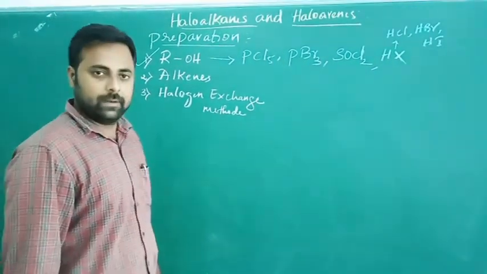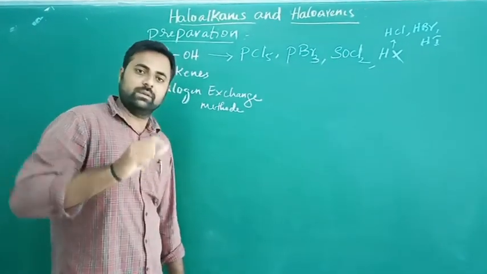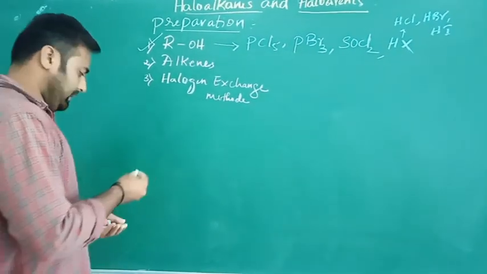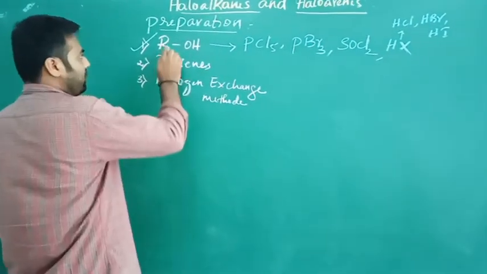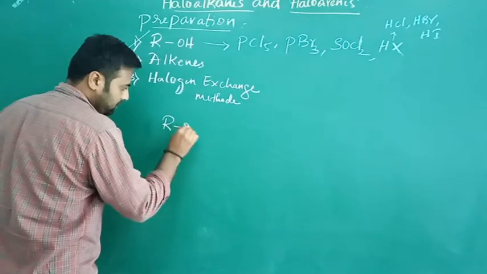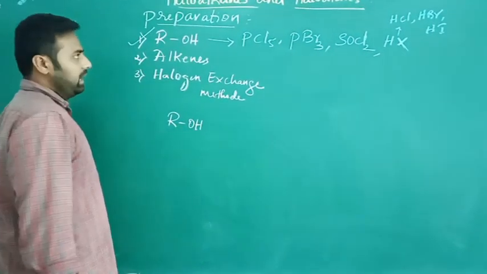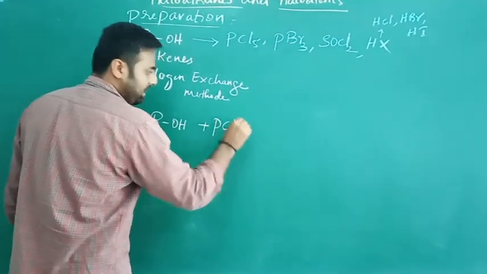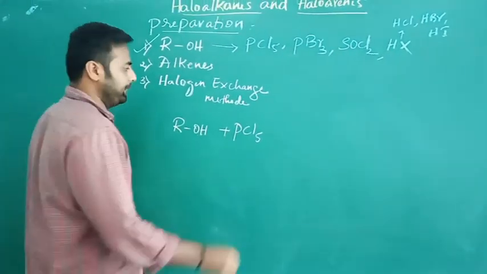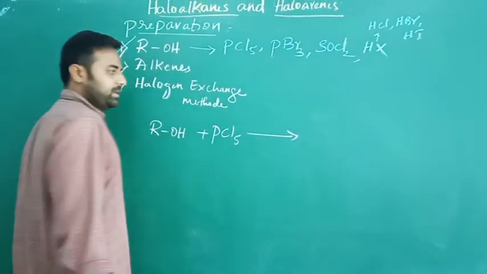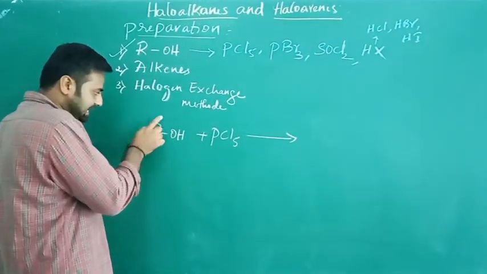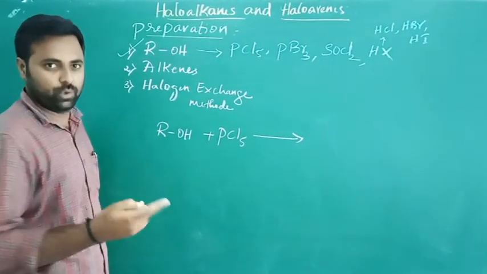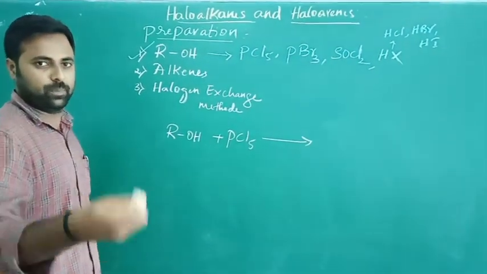Let's start with the first one. First, I will write the general equation. After that, I will give you one example. The first one is when these alcohols are reacted with phosphorus pentachloride, that leads to the formation of alkyl halide. How? This is the general formula of alcohol, where R represents an alkyl group like methyl, ethyl, propyl.